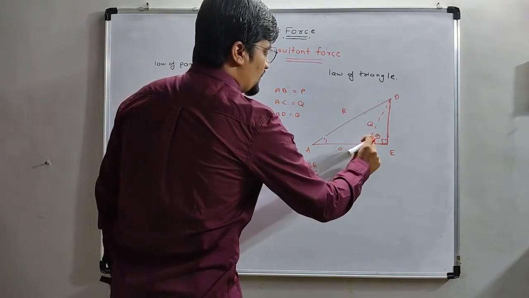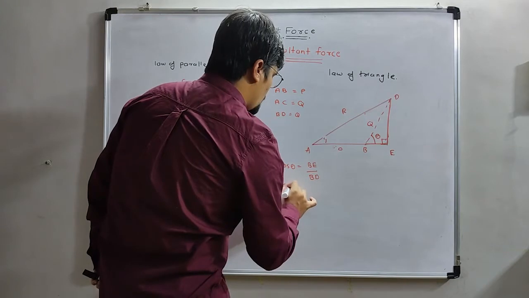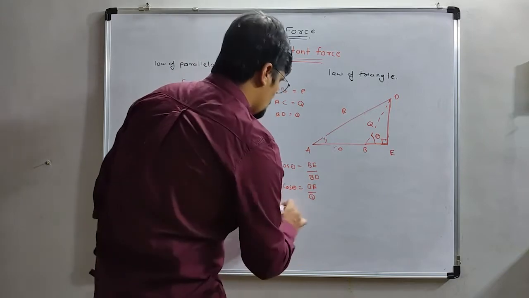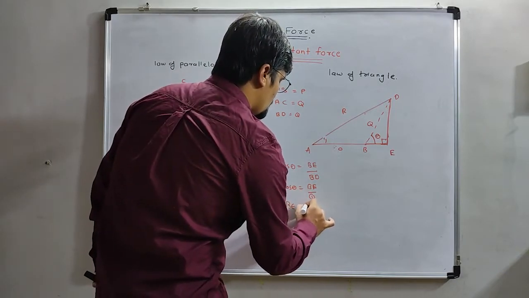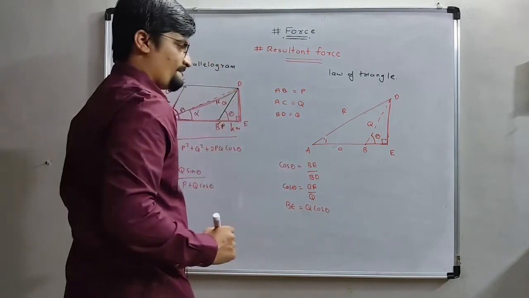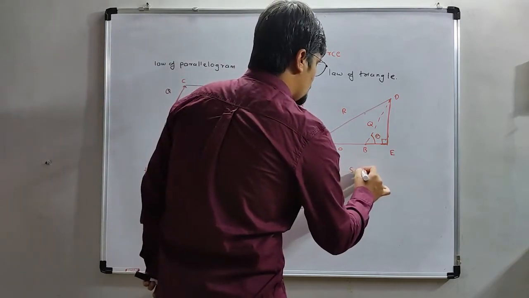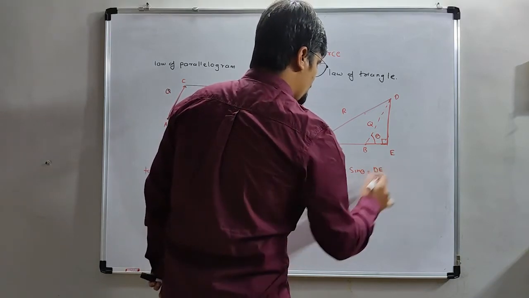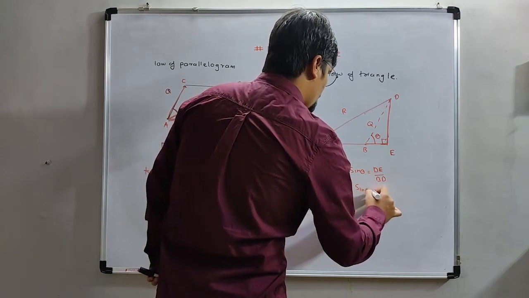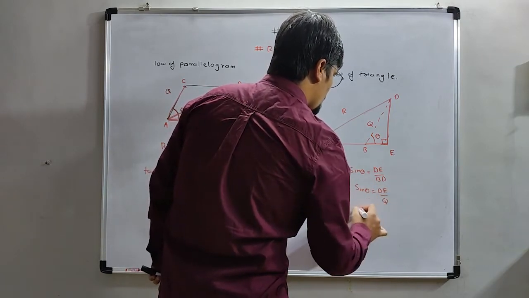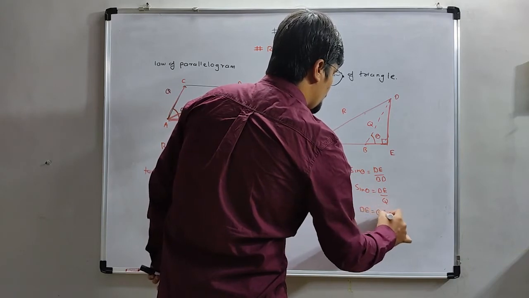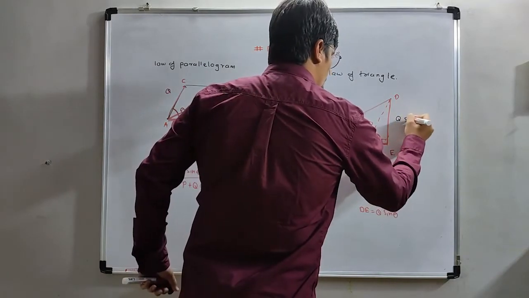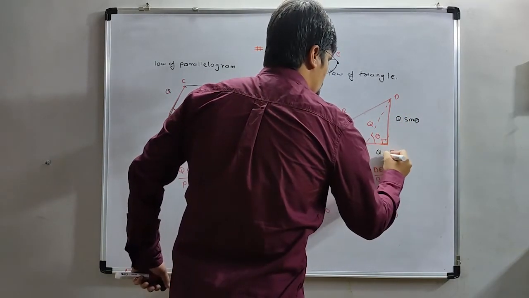We have the value of BD. Cos theta is equal to BE by Q. It means BE is equal to Q cos theta. Same as sin theta is equal to DE by BD, so DE is equal to Q sin theta. That means the value of DE is Q sin theta and BE is Q cos theta.